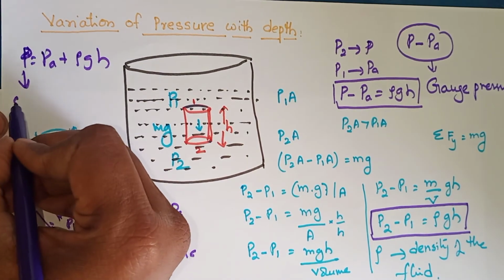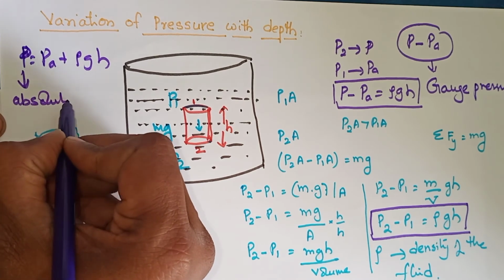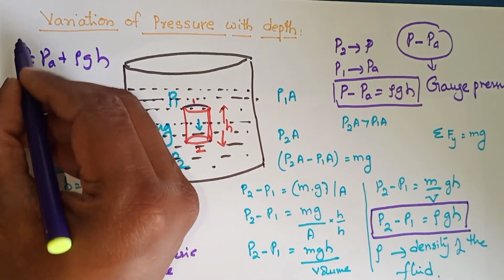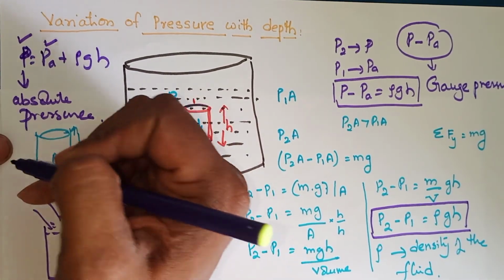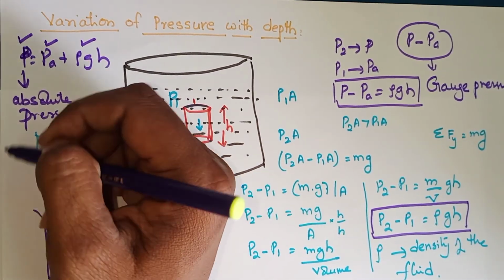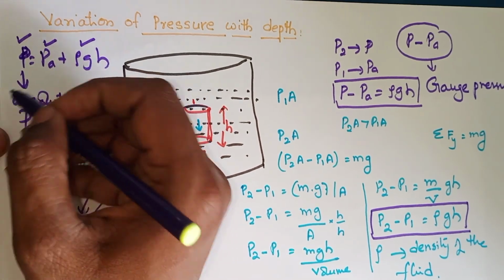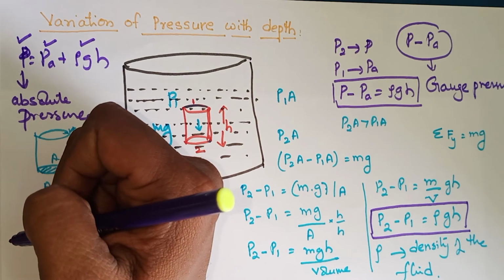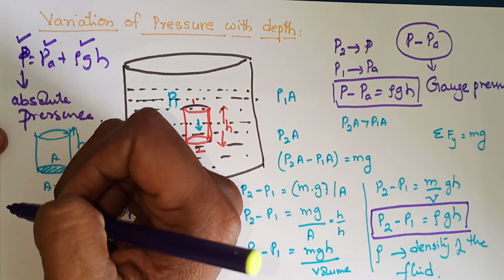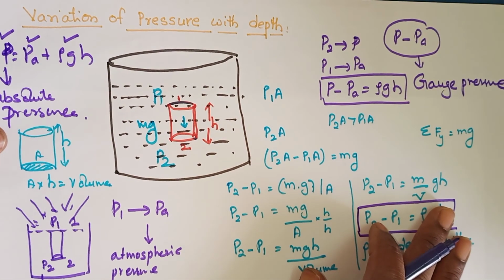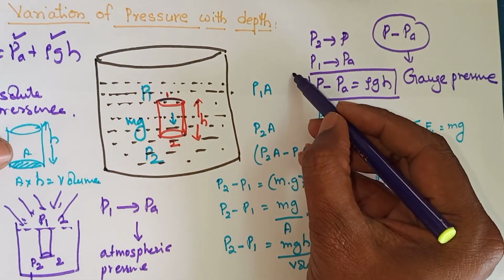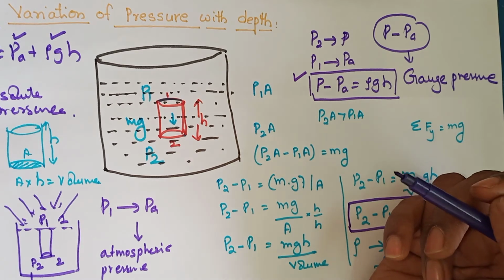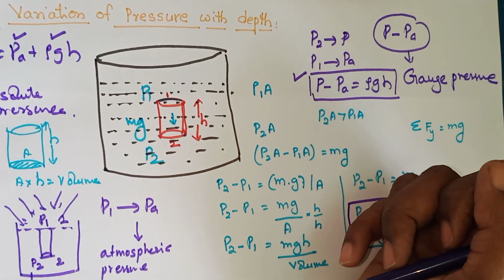This is called the absolute pressure. So this is atmospheric pressure, this is gauge pressure. Atmospheric pressure plus gauge pressure is called absolute pressure. Most of the time in problems, this is helpful for finding the gauge pressure, PG, you can write, no issue.